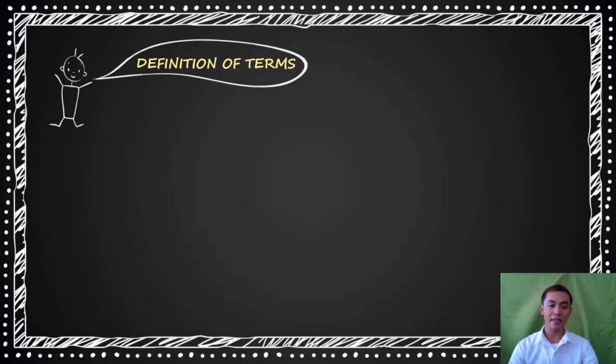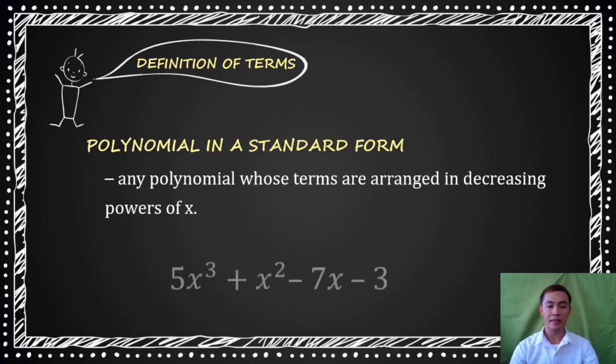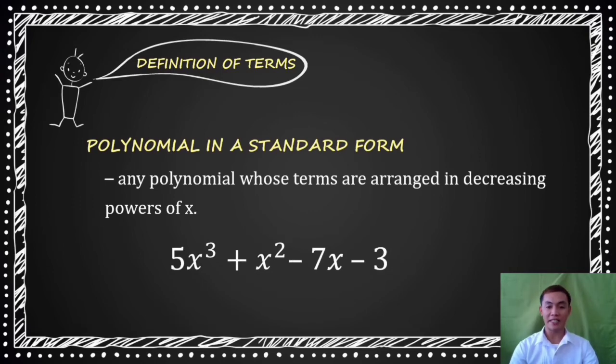Next, polynomial in standard form. A polynomial in standard form is any polynomial whose terms are arranged in decreasing powers of x. So take note, decreasing powers of x.